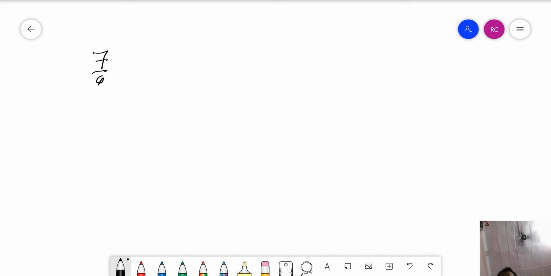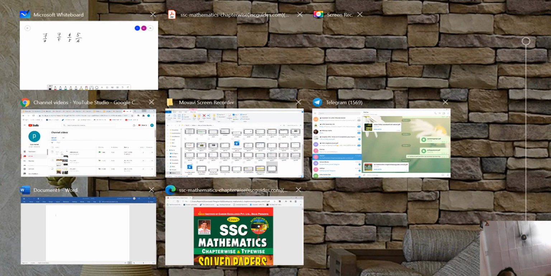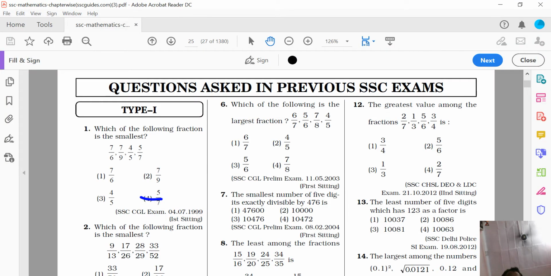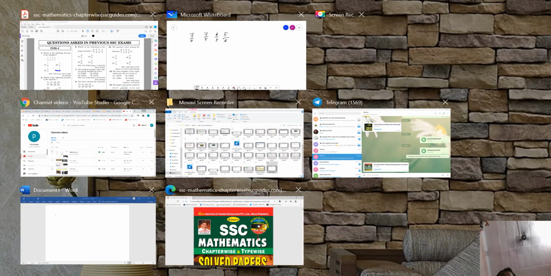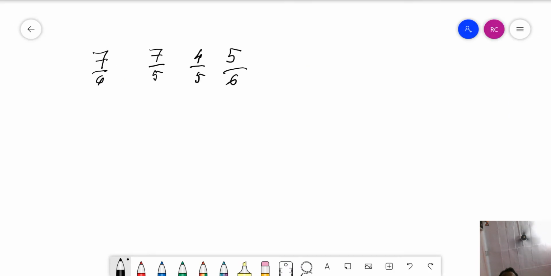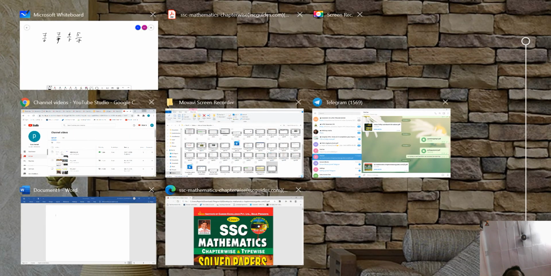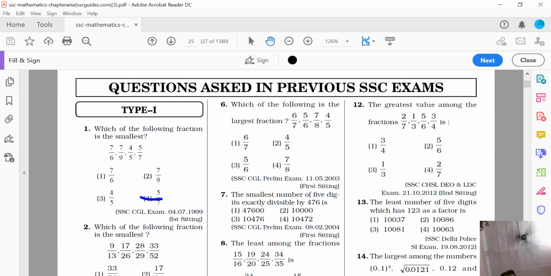Sorry, 7 by 6, 7 by 9, 4 by 5, 5 by 7. Which of the following is the smallest?